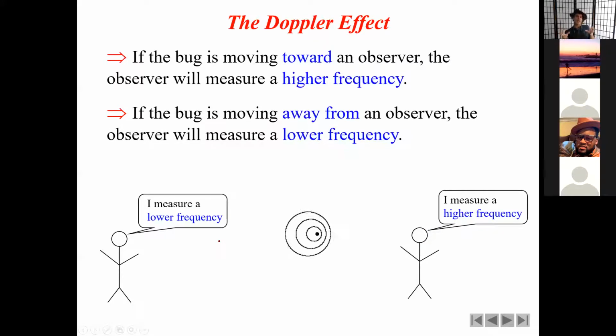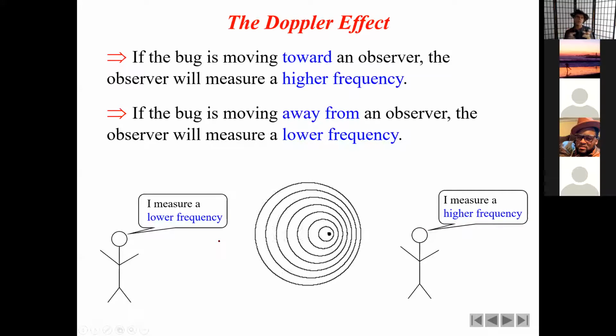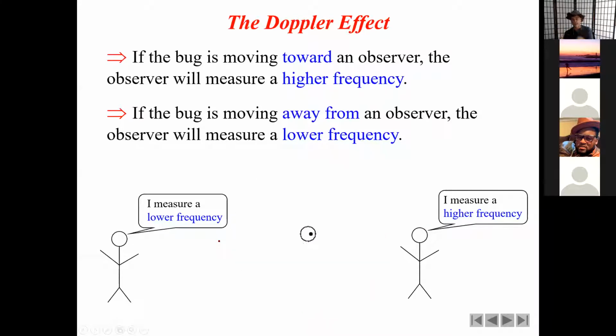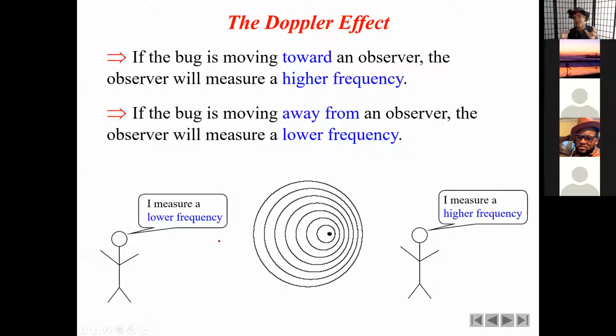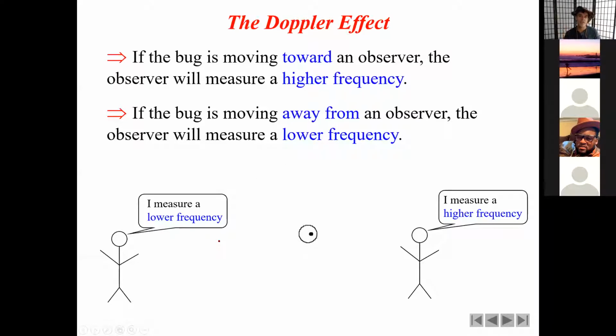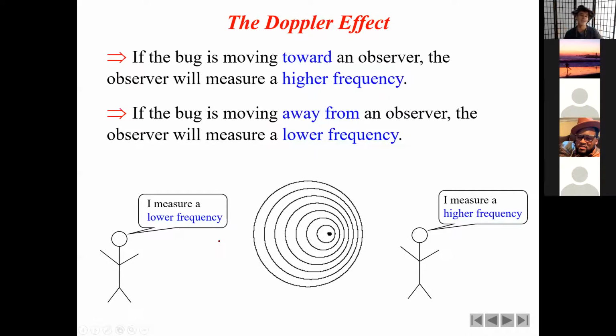If a source of sound is moving towards an observer, they're going to detect and measure a higher frequency than the bug is emitting. If it's moving away from the observer, they're going to detect a lower frequency. And we'll get to this next chapter: sound is related to pitch. So a higher pitched sound is a sound that has a higher frequency.